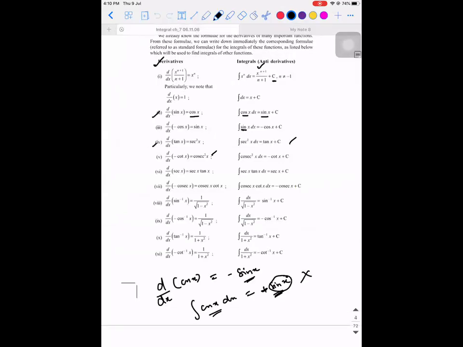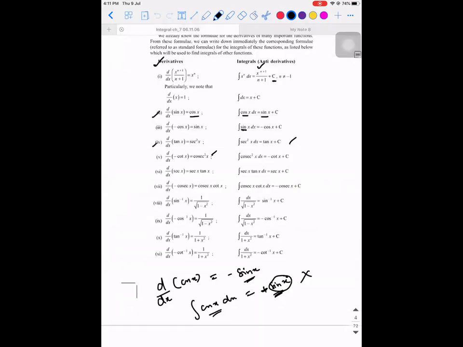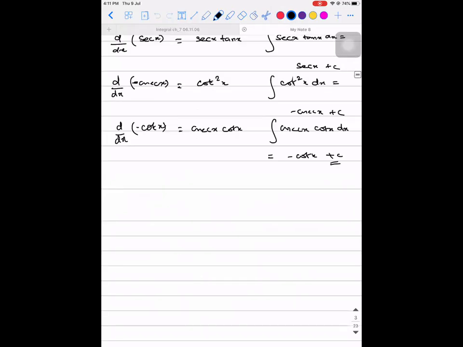Sir, the differentiation of minus cosecant x is cosecant x cot x, not cosecant square x. Oh, sorry. I wrote it reversed. Yes, differentiation of minus cosecant x is equal to cosecant x cot x. I swapped it, I'm sorry.